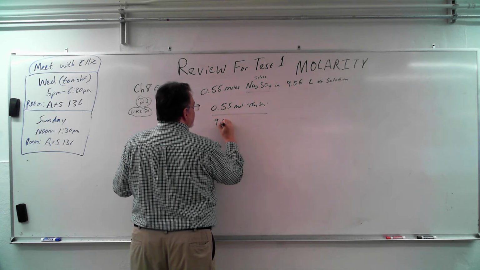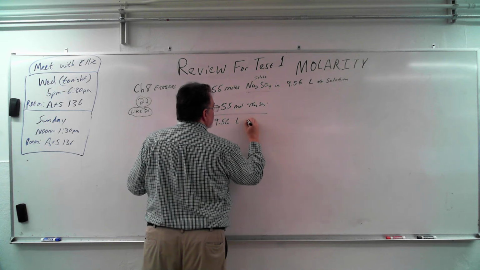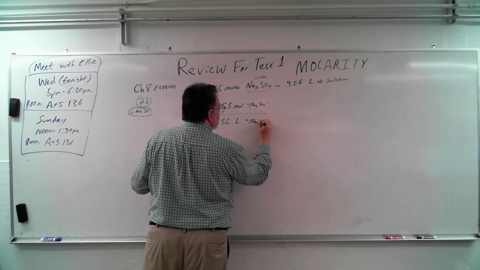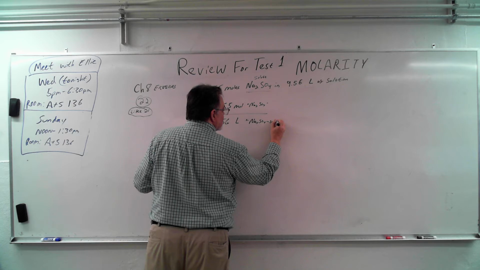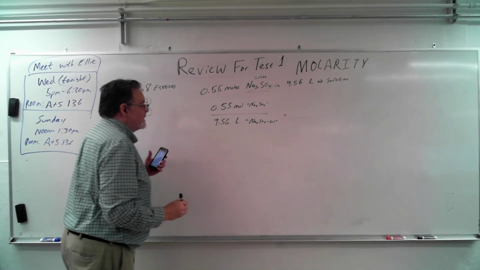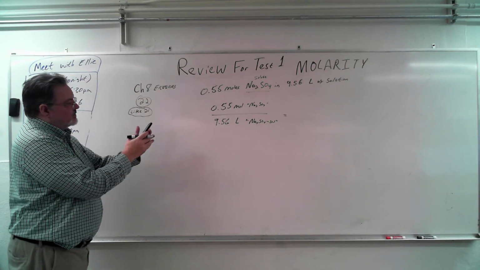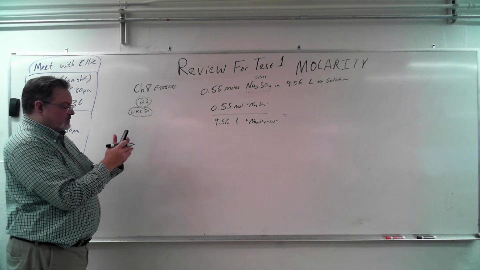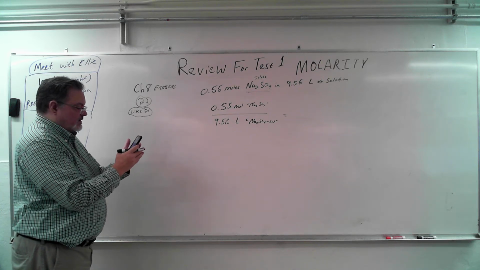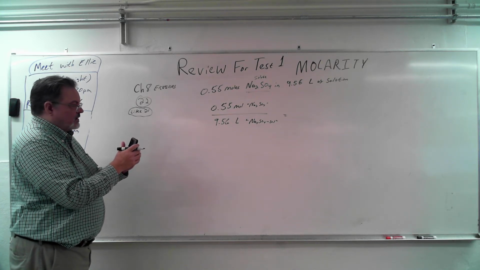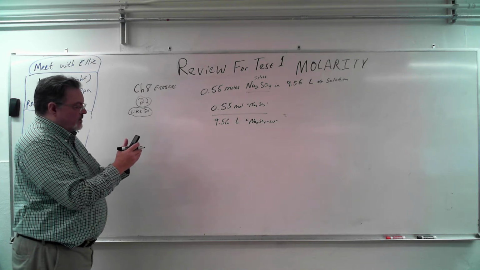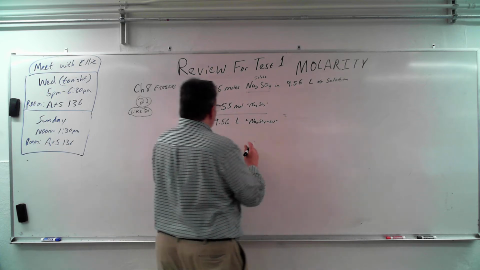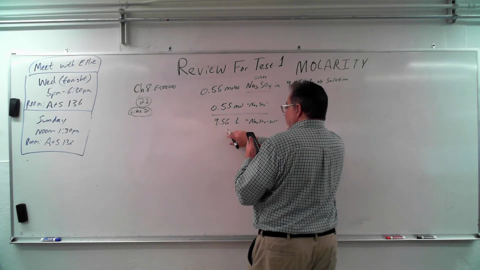In 9.56 liters of Na2SO4 solution, you just divide it. 0.55 divided by 9.56, two significant figures or three significant figures.